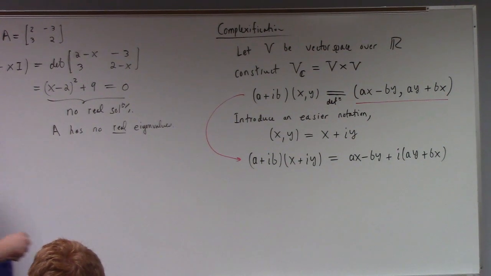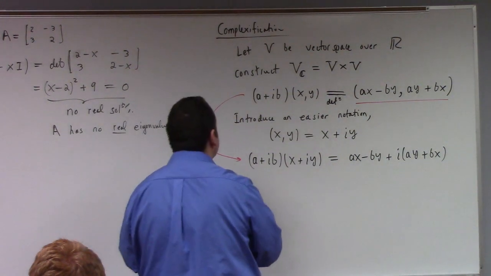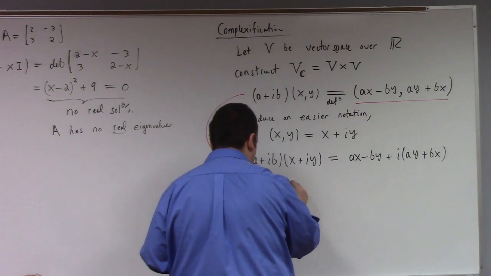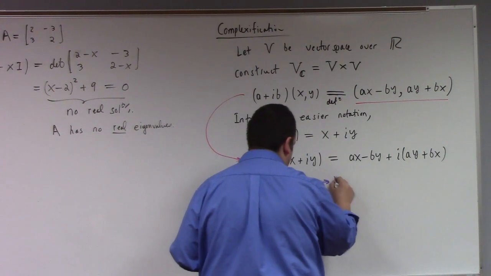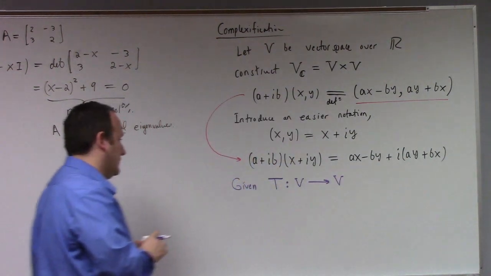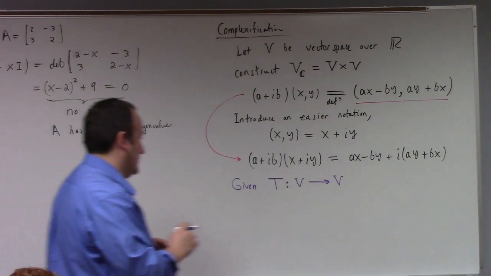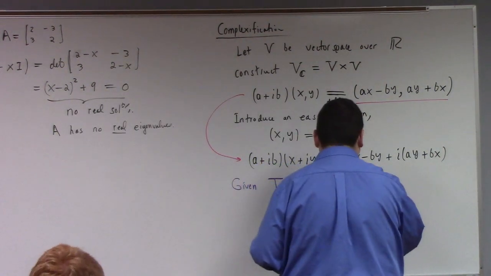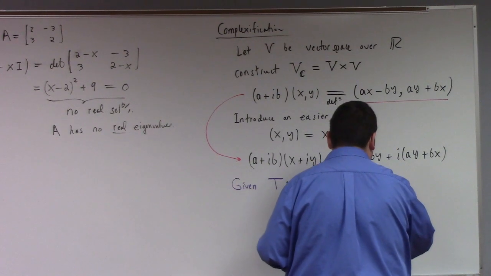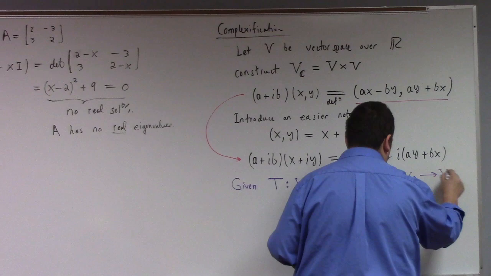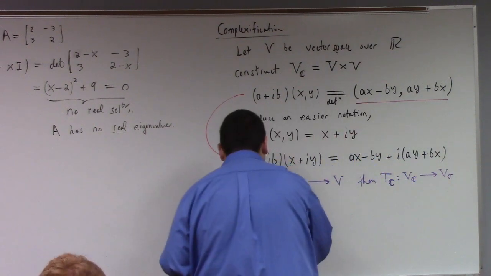Now, given T, a linear transformation from V to V, I can also define the complexification of T. T sub C, which will be a mapping from V sub C to V sub C, is given as follows.